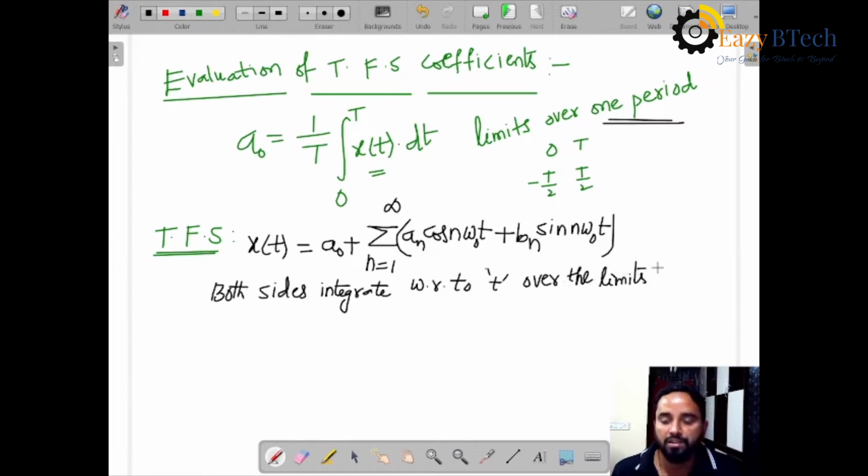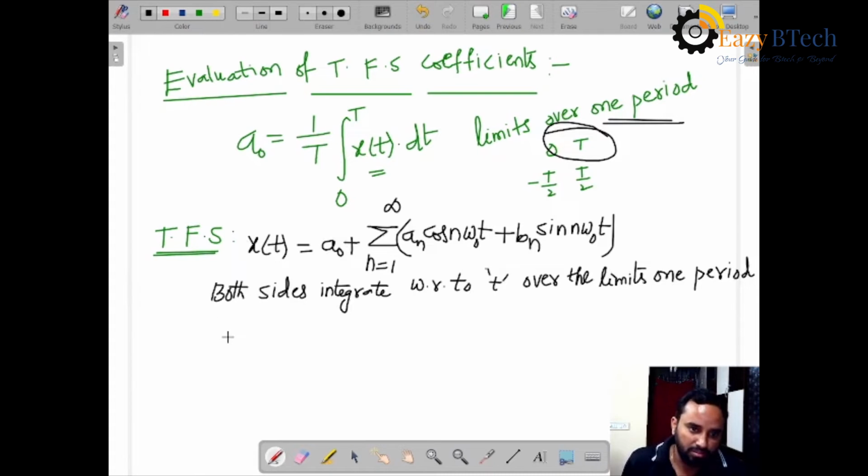Over the limits of one period, like 0 to T you can take, or minus T by 2 to T by 2 also you can take. So I am going with 0 to T over one period. So here I am integrating x of t on both sides with respect to t: integral 0 to T x of t dt.